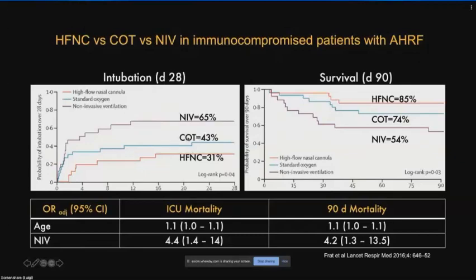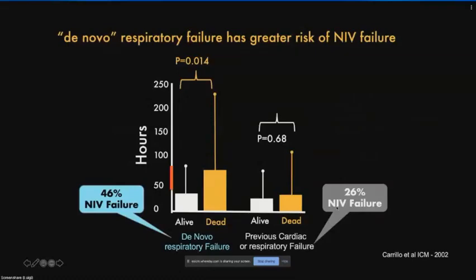Even when compared to conventional oxygen therapy, NIV is associated with greater intubation rate and lower survival. And NIV is a factor, an independent factor related to ICU mortality and 90-day mortality. But what is more important, I think, in this particular disease, the COVID-19, is that the use of non-invasive support might lead to a delayed intubation.